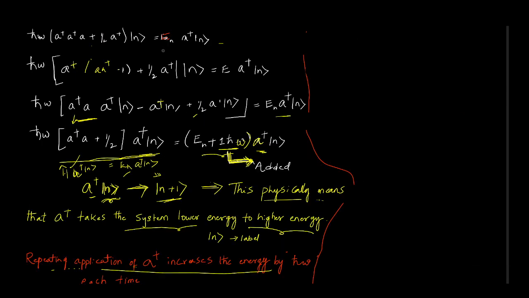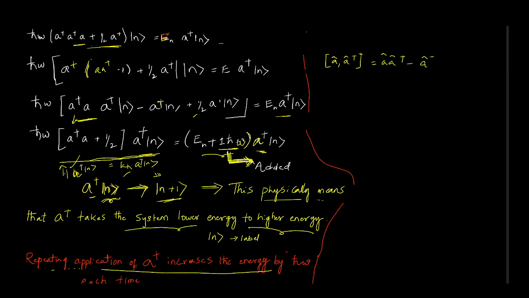We can observe we are getting the same equation when we multiply this a dagger. Here we have taken a dagger out, and we can write a dagger a. Here a dagger a we can write as a dagger a minus 1, because the commutation of a cap comma a dagger that we got is equal to 1.